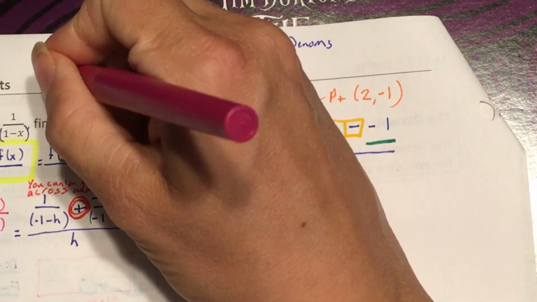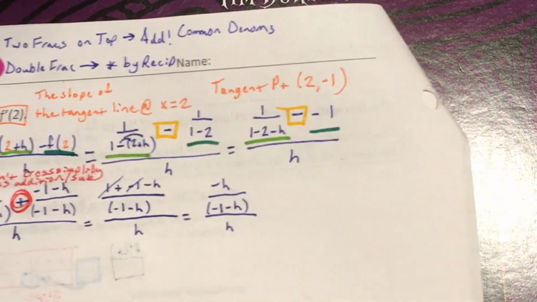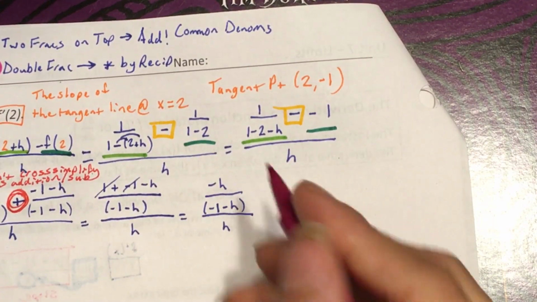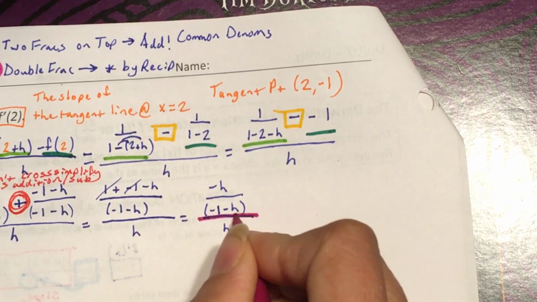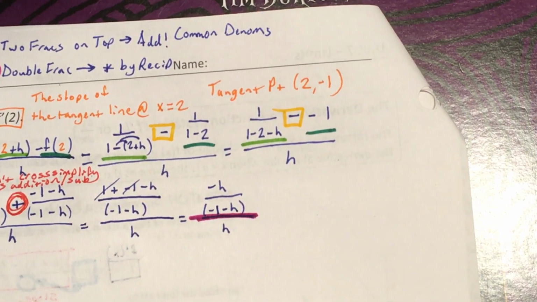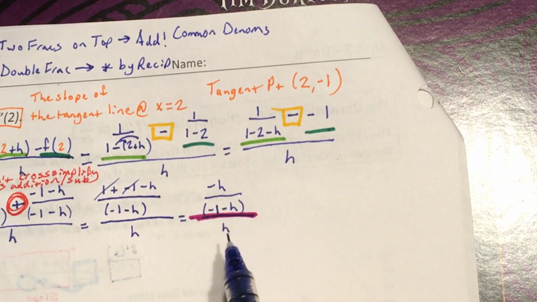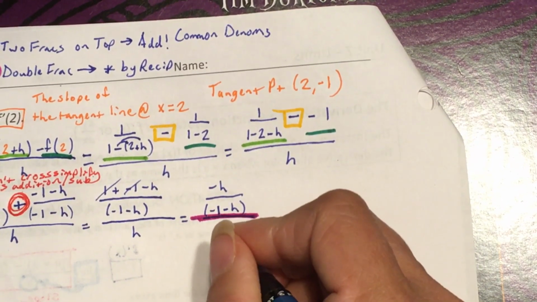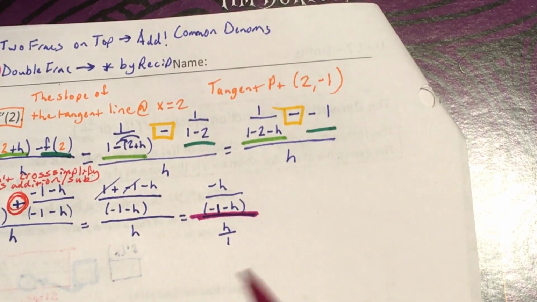All right, folks, so this step is going to refer to this fraction bar. So currently I'm dividing by h. Well, h as a fraction is h over 1.